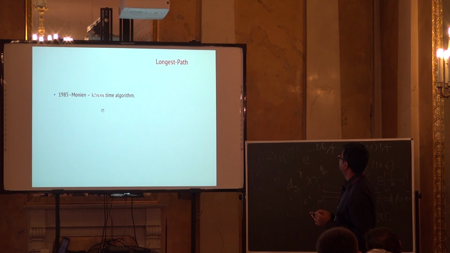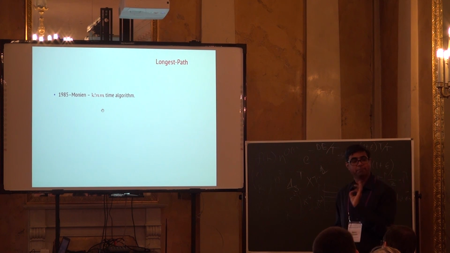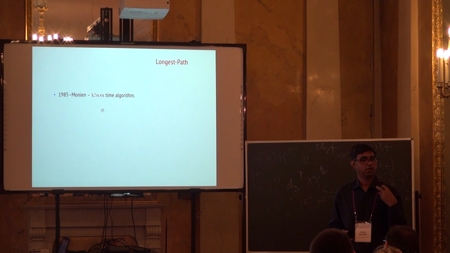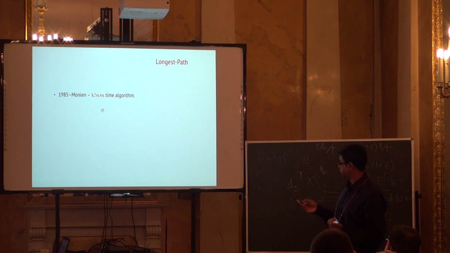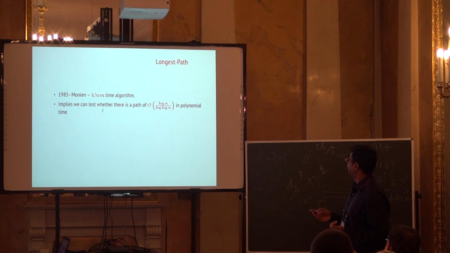But in 1985, Monien had an algorithm which had running time k factorial times nm. And if you notice, this is an FPT algorithm, because k factorial is a function of k, upper bounded by k to the power k. And from 1985, this algorithm was there. So what does it imply?